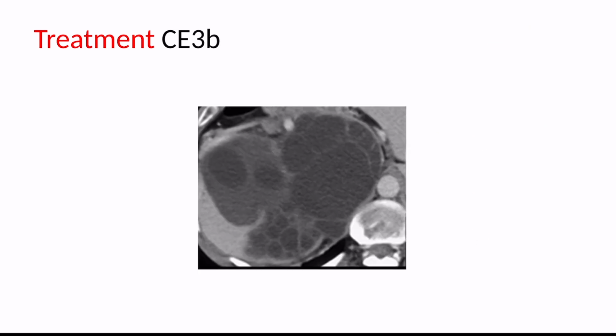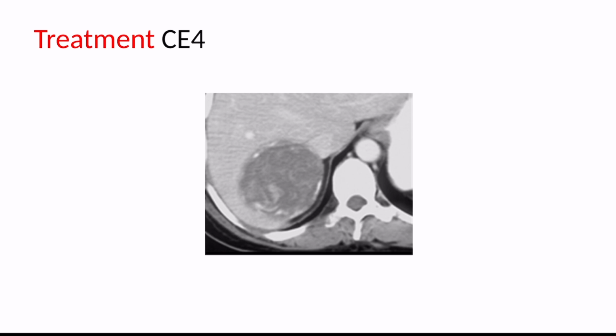In the CE3B stage, a solid portion starts to come up. Where there is a solid portion, interventional radiology is not very effective, so treatment is medical plus surgical. You cannot remove the solid component through a catheter or needle, so there is no advantage in doing interventional radiology. Medical treatment is started and then surgery is done.